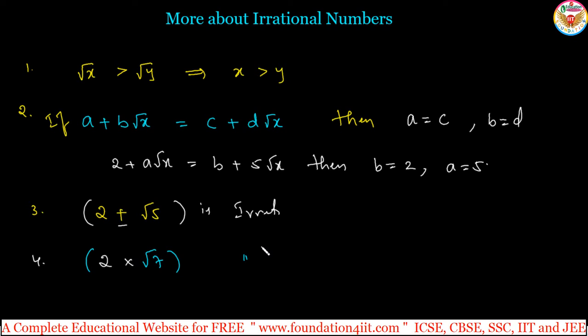When you compare the rational and irrational with the plus, minus, into, we'll get the irrational number. And come to the only irrational numbers. Let us have some topic, the properties. Sum of any two irrational numbers need not be irrational always. So 2 plus root 7 is an irrational number, plus 2 minus root 7 is also an irrational number.